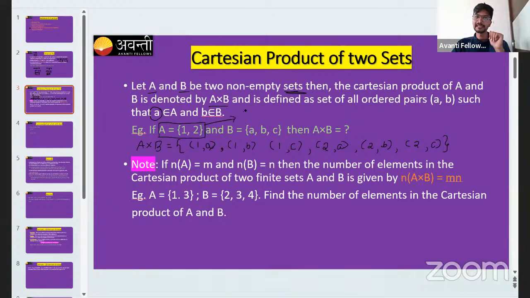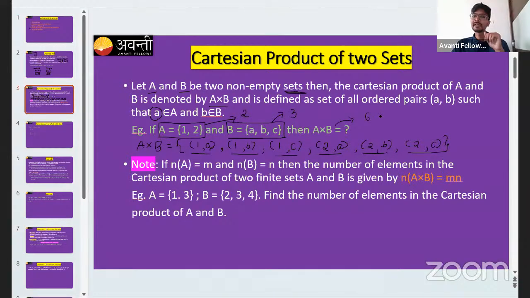There are 2. In set B, how many elements are present? There are 3. Now, similarly, can you tell me how many elements are present in A cross B? In this Cartesian product, A cross B, the number of elements are 6.